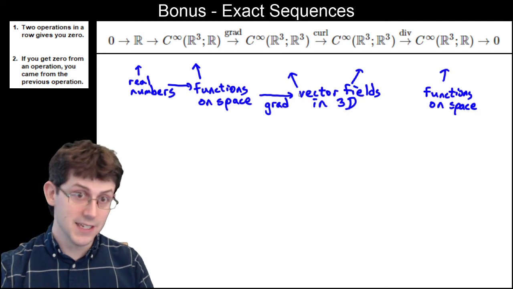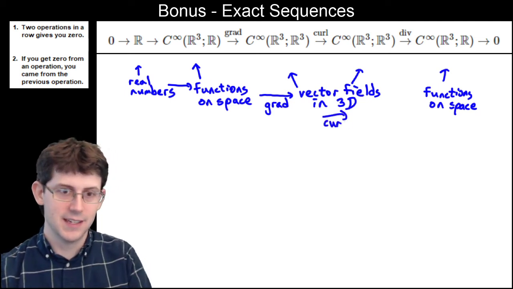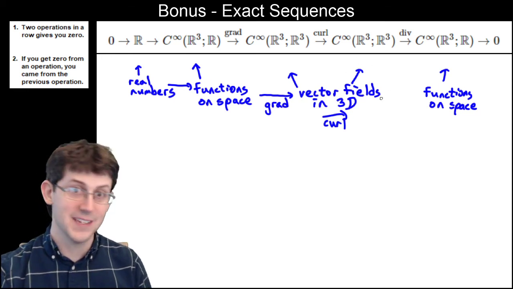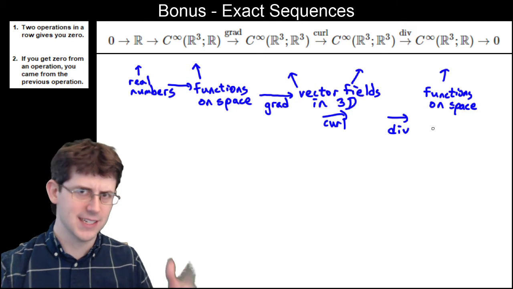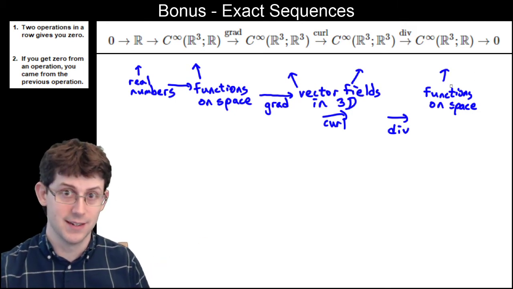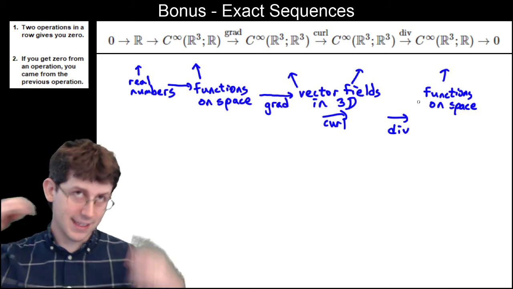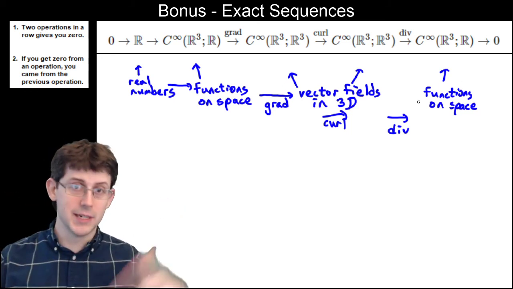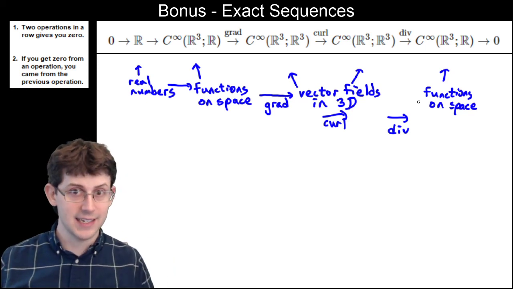If you have a vector field, you can take the curl of the vector field and it gives you another vector field. And if you have a vector field, you could also take its divergence, and the divergence does the dot product, so it's not vectors anymore. You get a function. The claim here, and the key claim that combines a whole bunch of vector calculus facts into one fact, is to say this is an exact sequence.